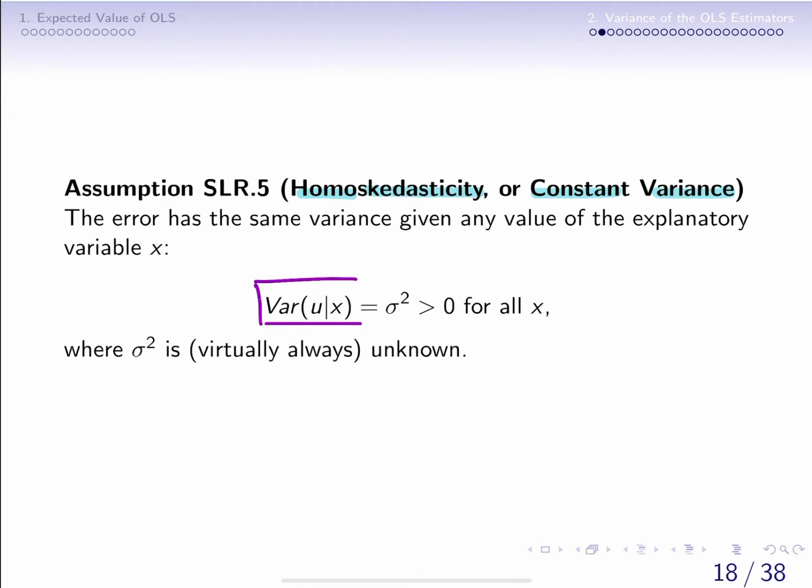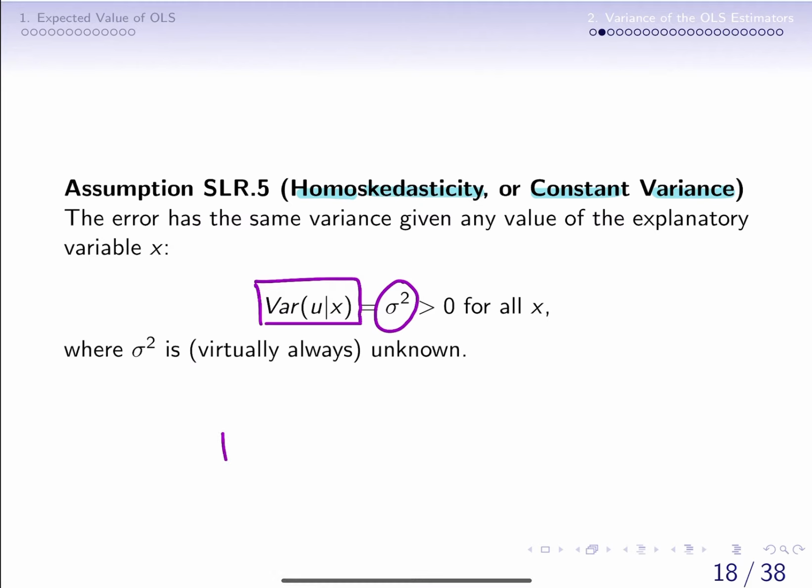We want to understand: does our error have the same variance given any value of the explanatory variable x? Our assumption says that this should be equal to a constant, sigma square. It is not varying with the values of x.